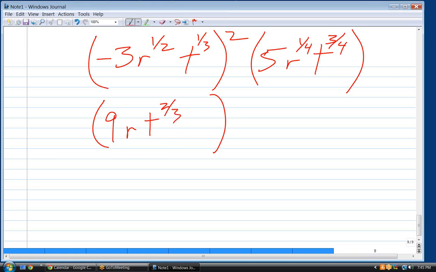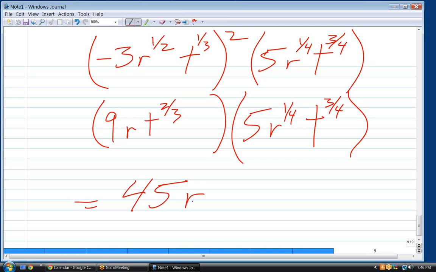2 times 1/3 is 2/3. Okay? Now, we're going to do it variable by variable, starting with the numbers. What's the final number? 45.